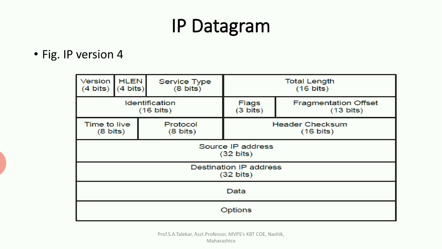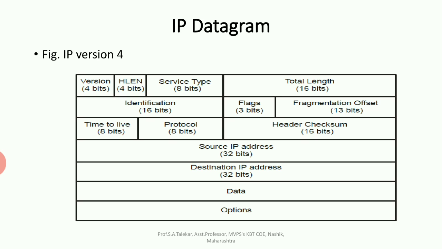The basic difference between IP version 4 and 6 is that IP version 4 is 32-bit and IP version 6 is 128-bit. Now we'll see each and every field of the IP version 4 datagram in detail.